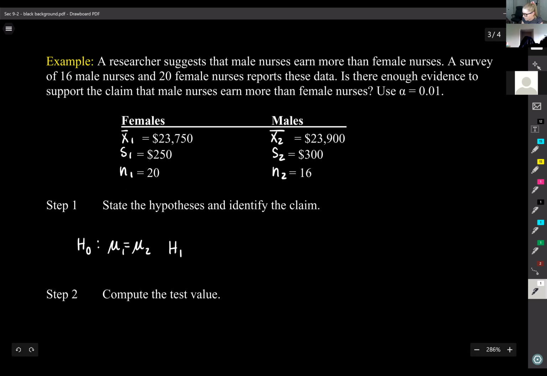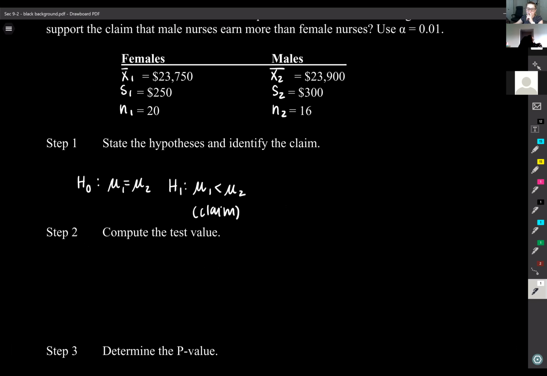And then for our alternative, males make more than females, so mu1 is less than mu2. And this is going to be our claim, because our researcher suggests that male nurses earn more than female nurses, which would mean that the population mean for the male nurses would be greater than the one for the female nurses. Okay.